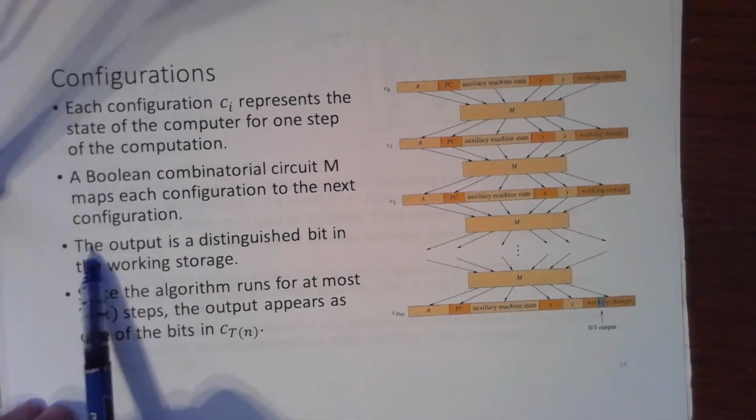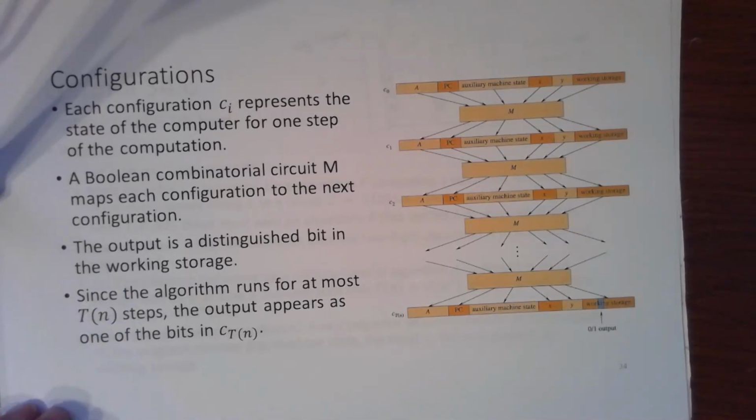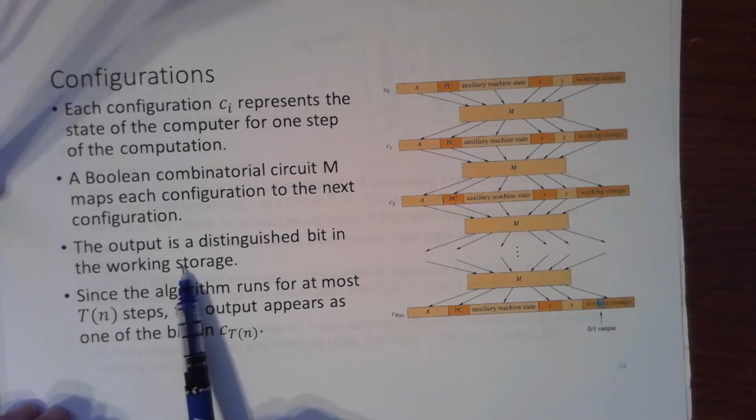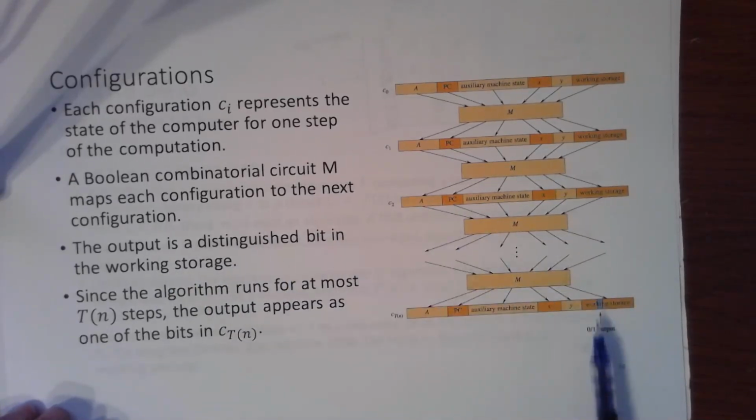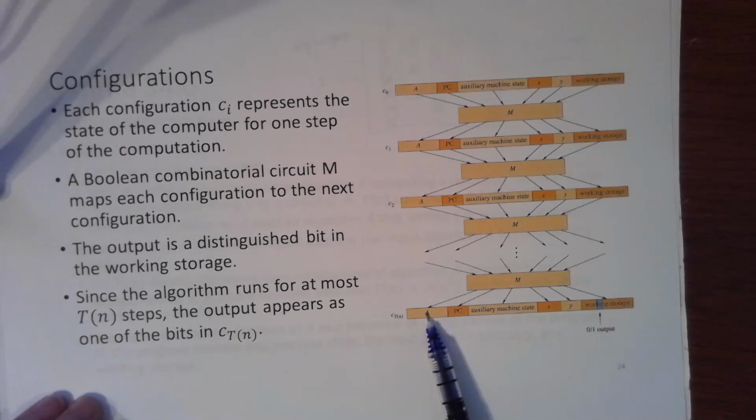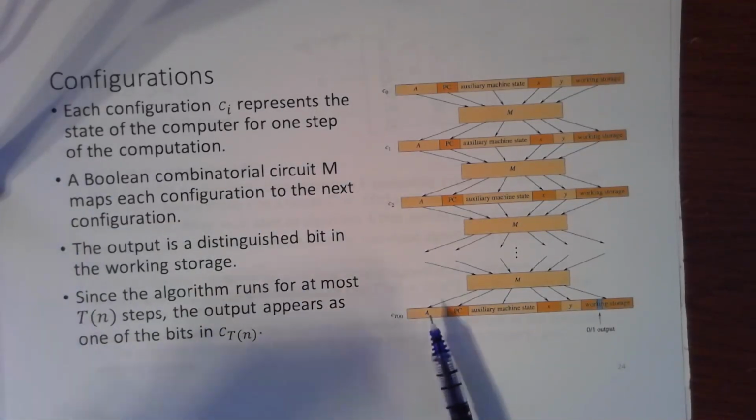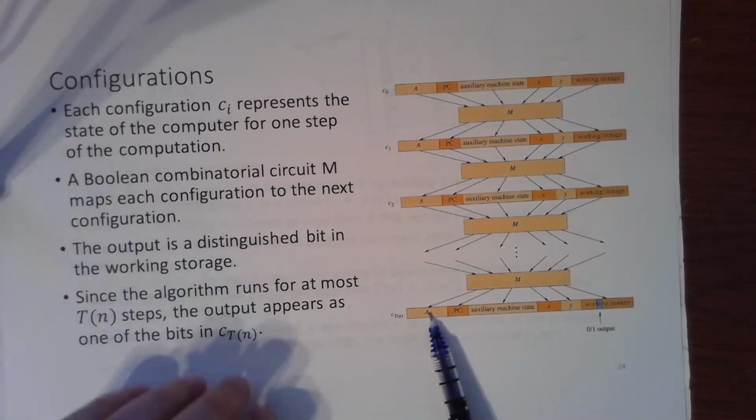Then the output is going to be stored in the working storage, the memory someplace, and there's going to be a distinguished bit in there that's going to have the final output of the algorithm, like the yes, y is a valid certificate, or no, y is not a valid certificate.